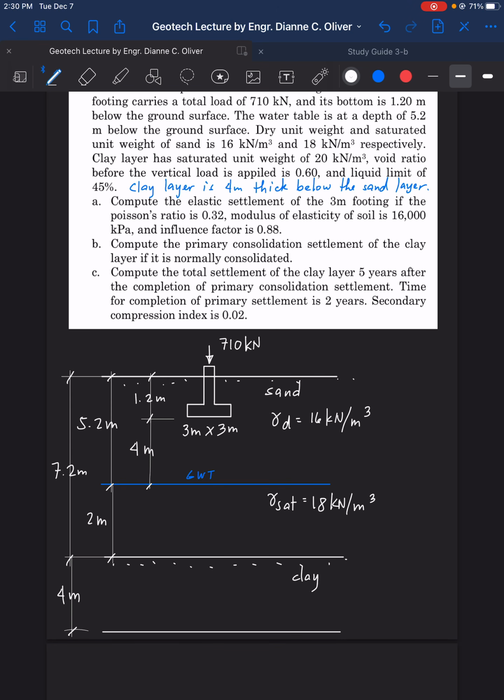Clay layer saturated unit weight, gamma sat, equals 20 kilonewton per cubic meter. Void ratio is 0.6. So e is equal to 0.6. Liquid limit equals 45%.